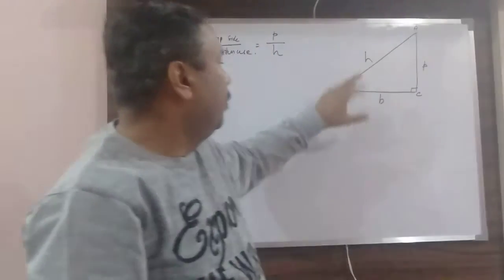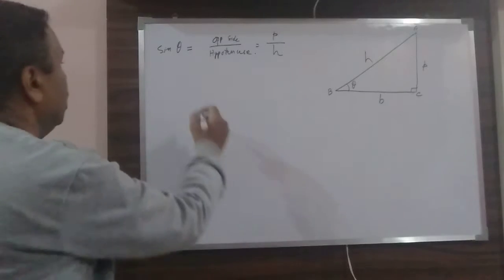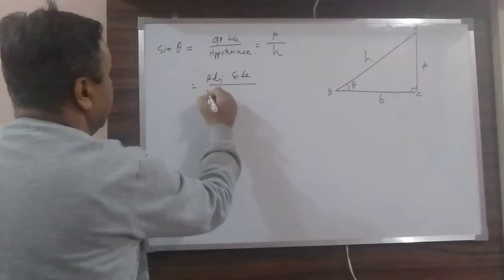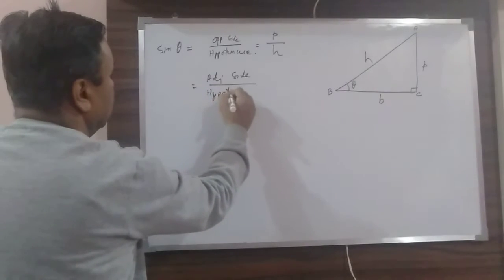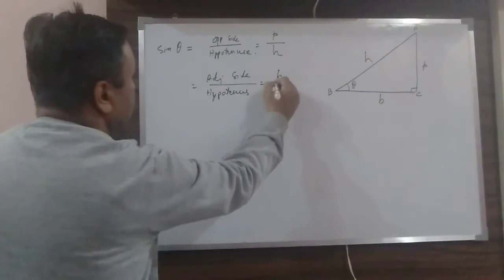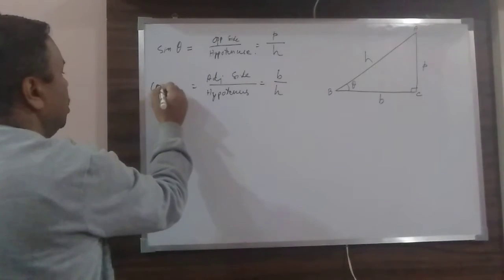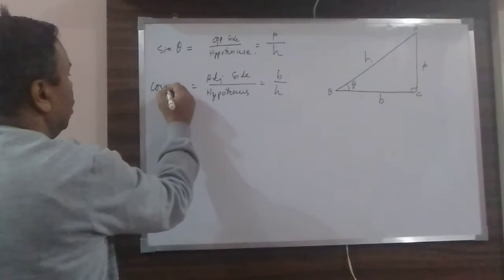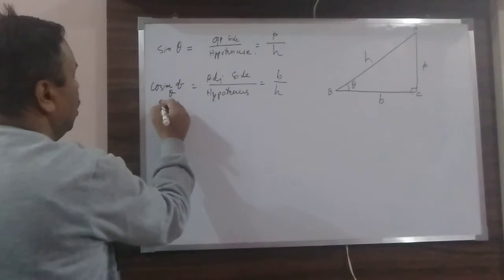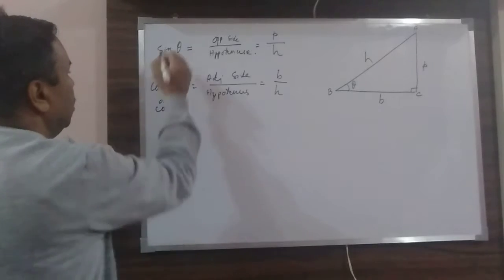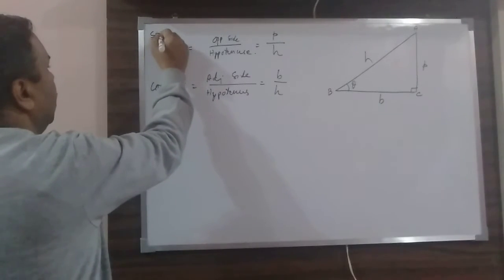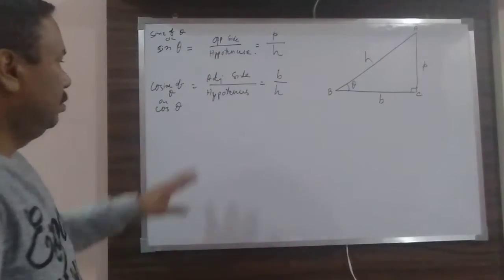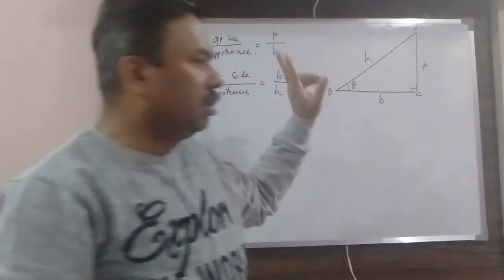Second ratio I will be getting from these two sides. So that will be, as I said, adjacent side divided by hypotenuse, that is B over H, and this ratio is called cosine of theta or cos theta. This is called sine of theta or sine theta. Okay.